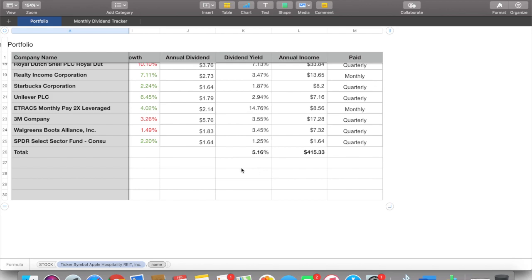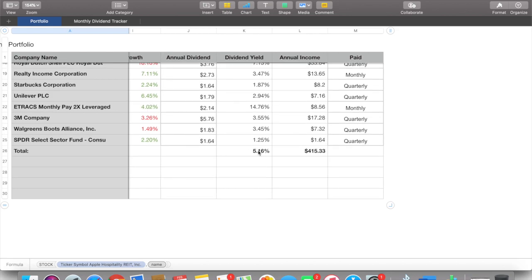So if I were to put $10,000 into a high yield savings account, I'm only going to get like $170 back. But if I put $10,000 into my portfolio, then I'm going to be getting around $516 back. You see how that works, guys? So the average yield is like what I get back on my money, which is $415 in this case.